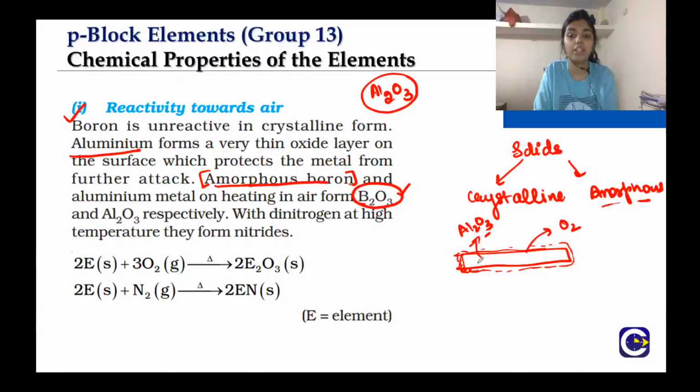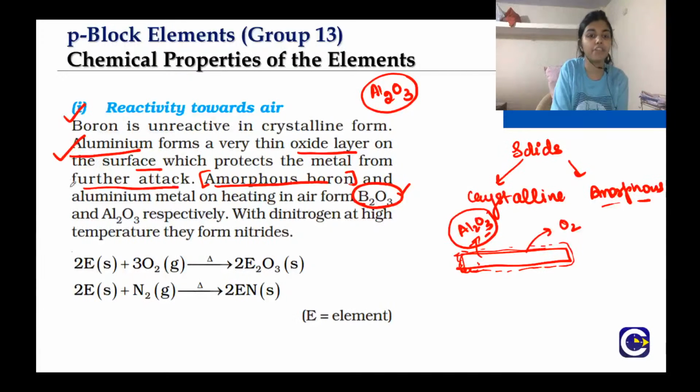So now further aluminium will not react with oxygen. Once it has formed a coating of Al2O3, it will be passive to further reaction with oxygen. So you can remember that aluminium forms an oxide layer on its surface which protects the metal from further attack, and this is the reason why we use aluminium pans at home for cooking, right?